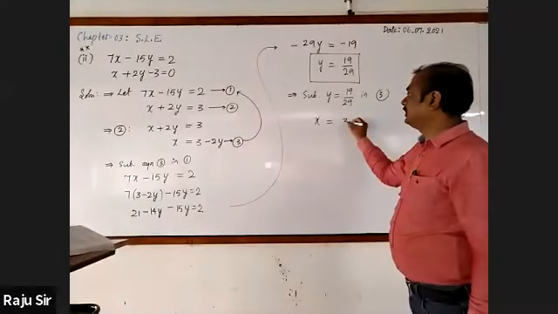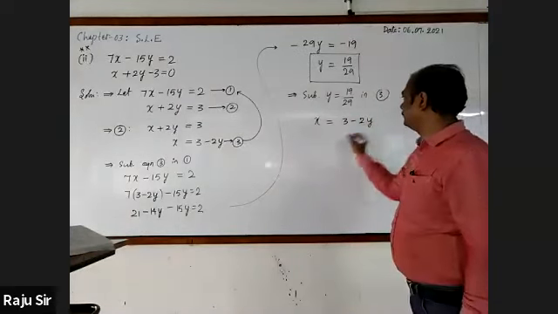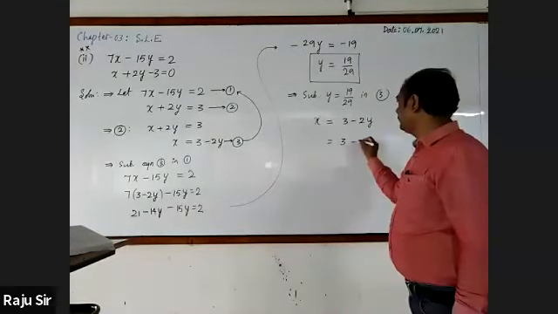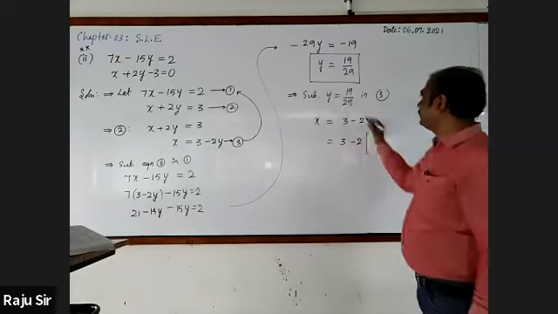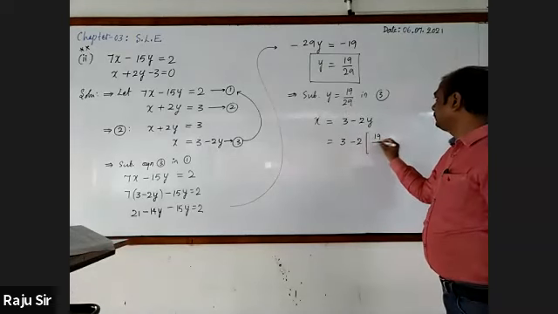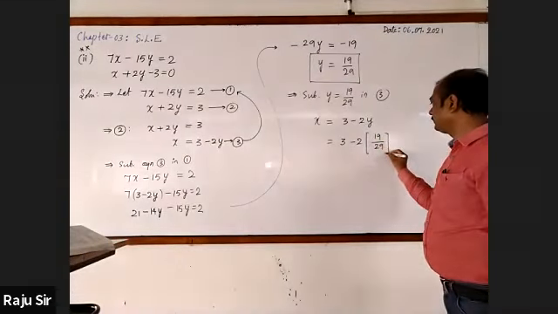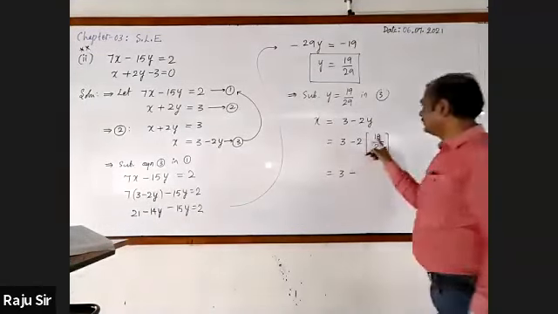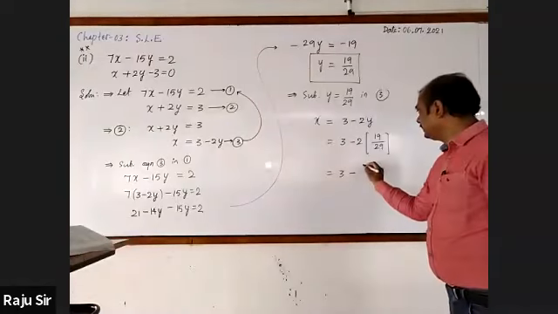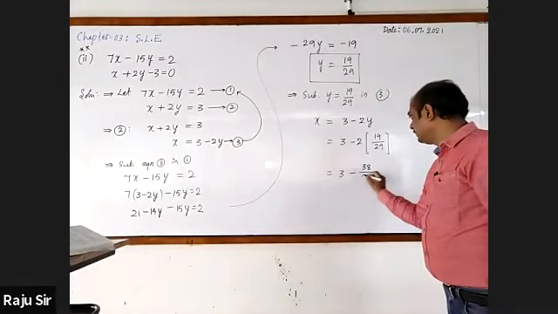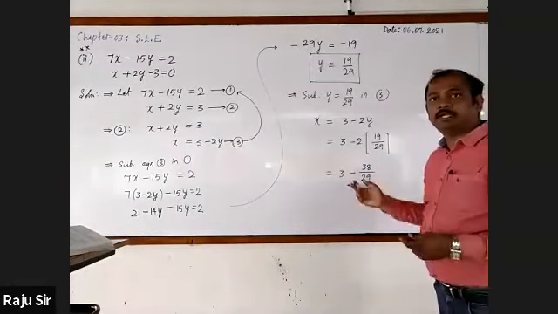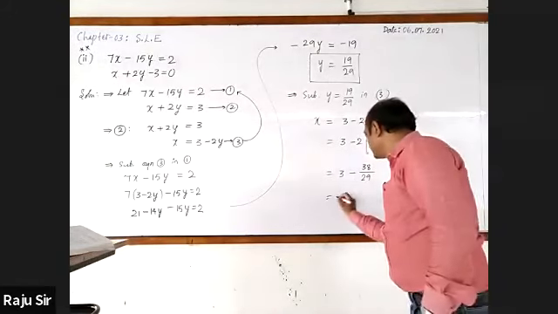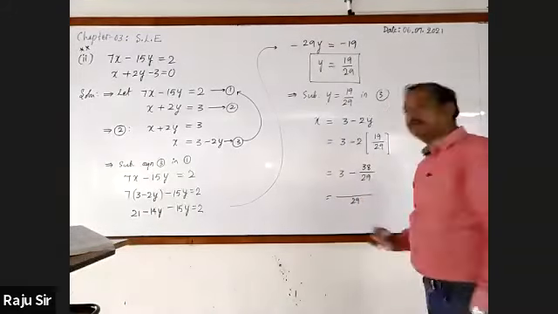Now, x is equal to 3 minus 2y, equal to 3 minus 2 into 19 by 29, equal to 3 minus 38 by 29. Take LCM and simplify, where LCM is 29.